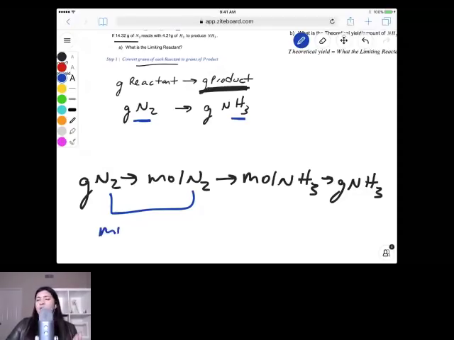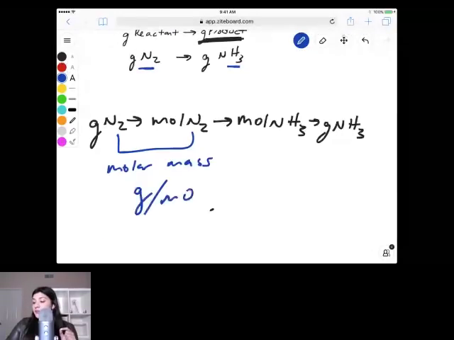Remember, molar mass's units are grams per mole. So it's right there in the units. It allows us to get from grams to moles, or vice versa, from moles to grams. That's how I instantly know to use molar mass whenever I see grams to moles or moles to grams.